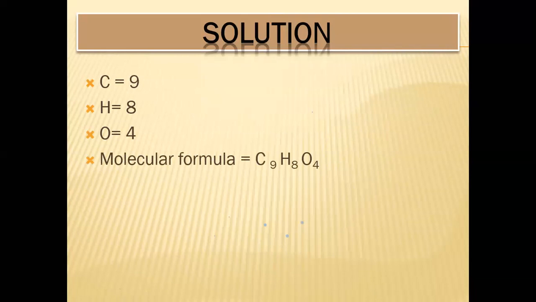So the molecular formula of aspirin is C9H8O4. And is it the true formula of aspirin? Yes. What would be the empirical formula? Yes, students, what would be the empirical formula of aspirin?